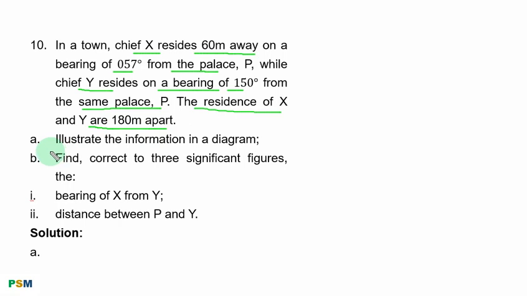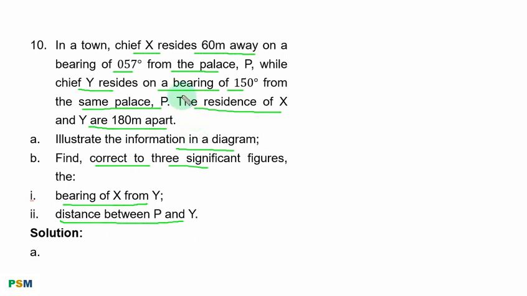A part of the question illustrates the information in a diagram. B. Find correct to 3SF Roman figure 1, the bearing of S from Y. Roman figure 2, the distance between P and Y.